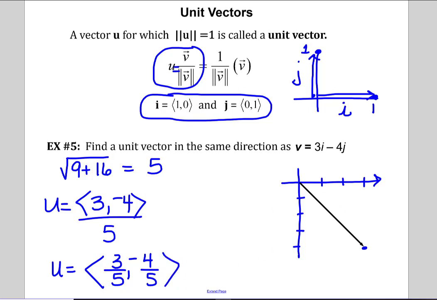Now, what does that mean? That means that I should have 5 vectors that lie along this line, 3, 4, 5, and each of those vectors are the same length, but this first one terminates, that end point right there, is 3/5 to the right and -4/5 down. So that's called a unit vector.